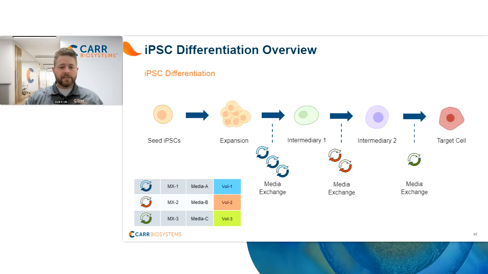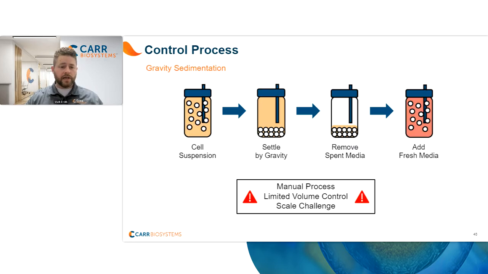Throughout their differentiation process, they had multiple media exchanges that each had a different volume, and that had to be very specific in terms of their concentration and the media exchange to achieve the differentiation they were looking for. Their control process was gravity sedimentation. As we talked about, this is a manual process for them. They had limited volume control and had a major scale challenge that they perceived.